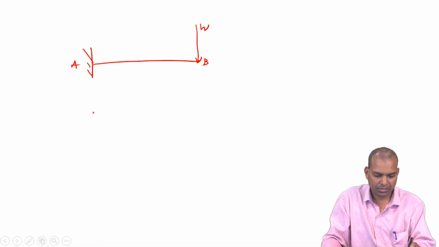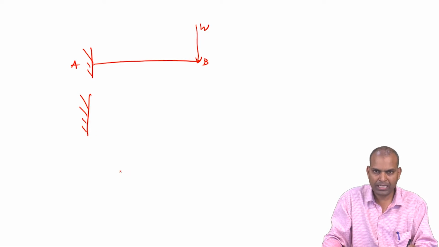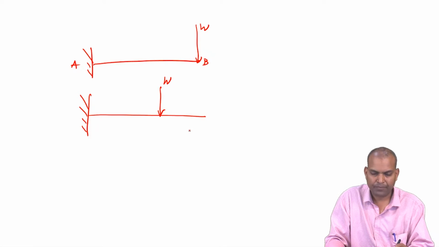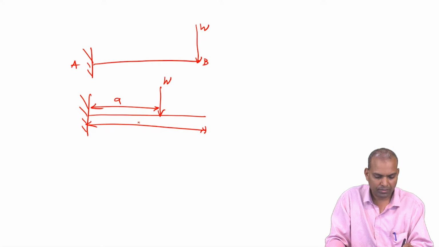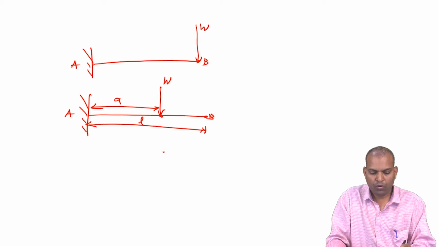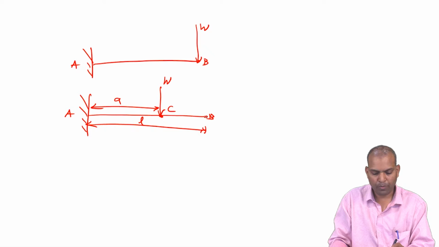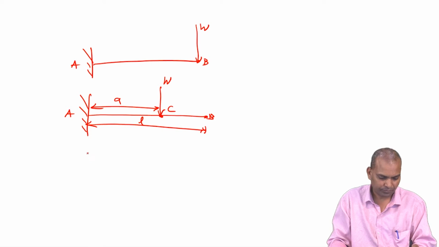In this session, we are going to do more cases. That is a cantilever beam subjected to a concentrated load at a distance of A. The span of the beam is L, with points A and B. What is the slope and deflection at point C? What is the slope and deflection at point B?